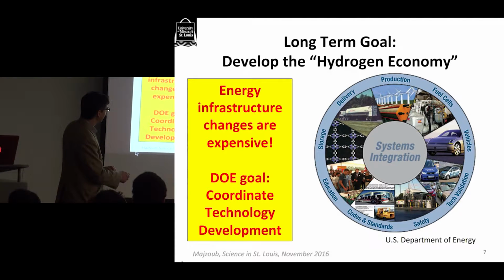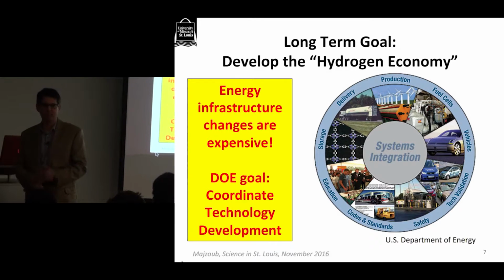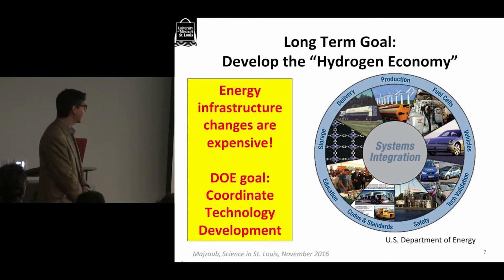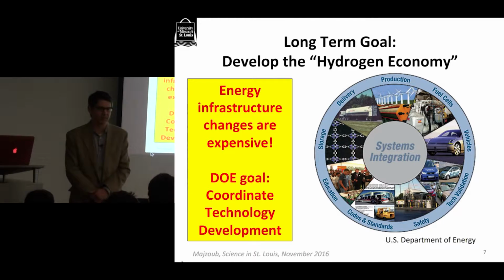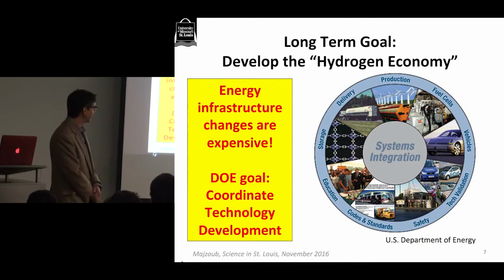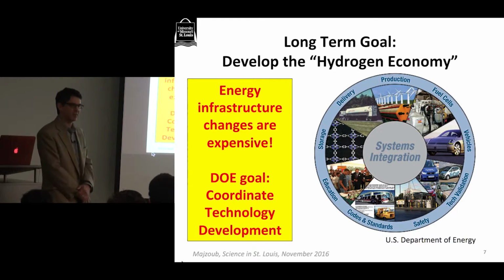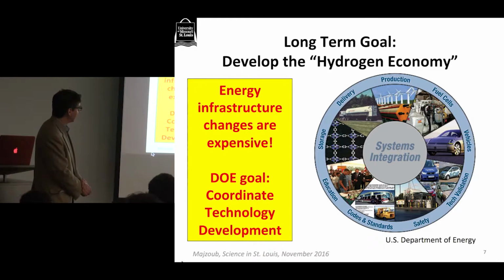There's production, there's delivery of the hydrogen once you produce it, there's fuel cells in which you utilize it, there's the storage aspect, which I'll talk about tonight. There's education and codes and standards and safety, so we want everybody to be able to fill up their vehicles safely. And hydrogen is not without its safety issues, but those are largely addressable through engineering and other means.